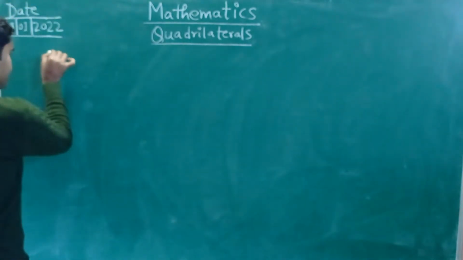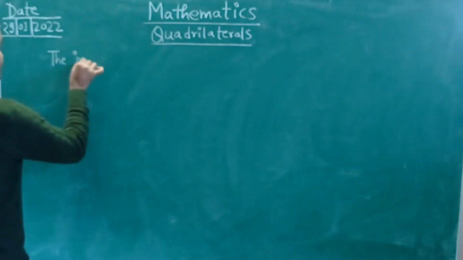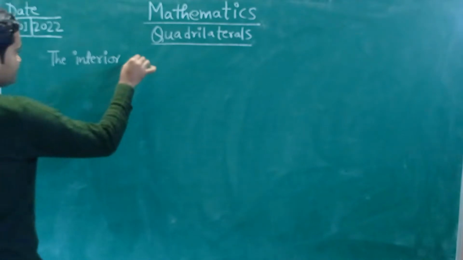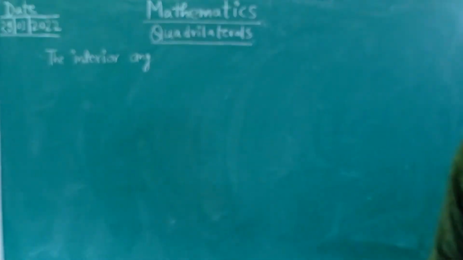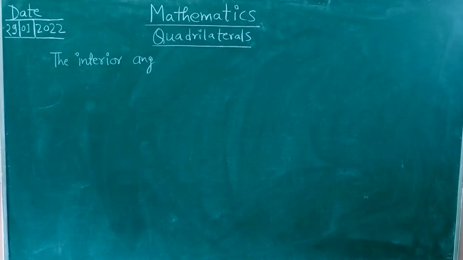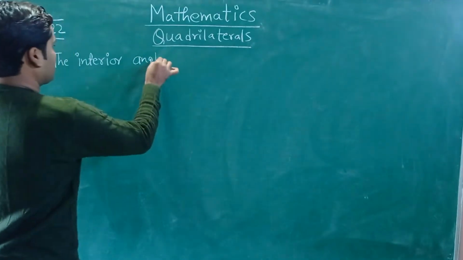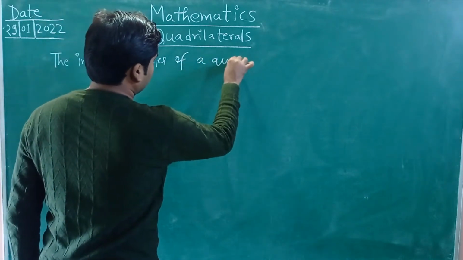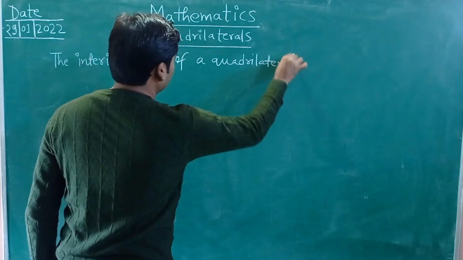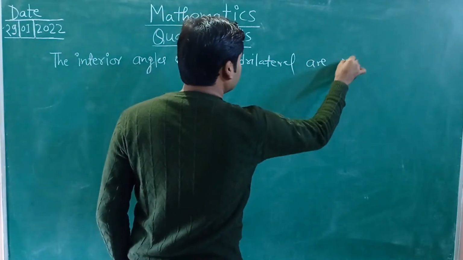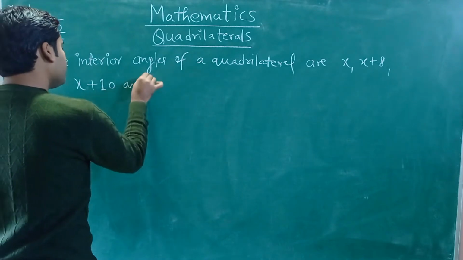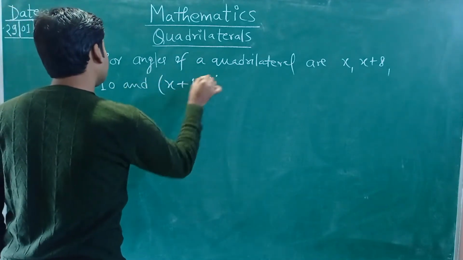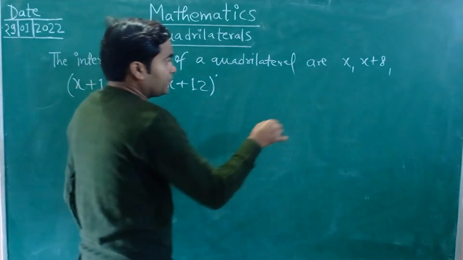The interior angles of a quadrilateral are x plus 8, x plus 10 and x plus 12 degrees.